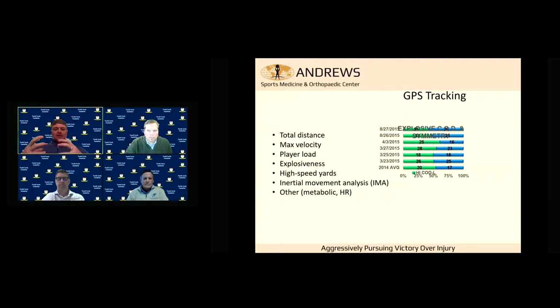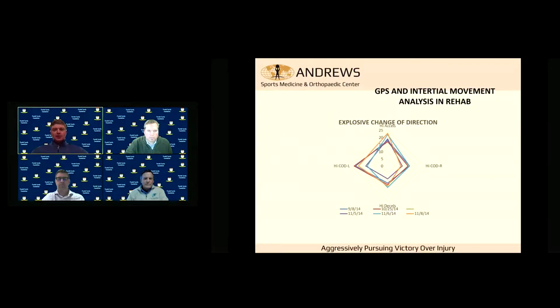One of the advantages that we have is that we can compare their data post-injury to all their data pre-injury. And so we'll get a good idea. In this particular athlete, he had injured his left ankle, if you recall. One of the things that I'll look at for them is their acceleration, their ability to push off, and their ability to change direction. In particular for him, I'm looking at how he changes direction, pushing off, moving to his right, because this is his left ankle.